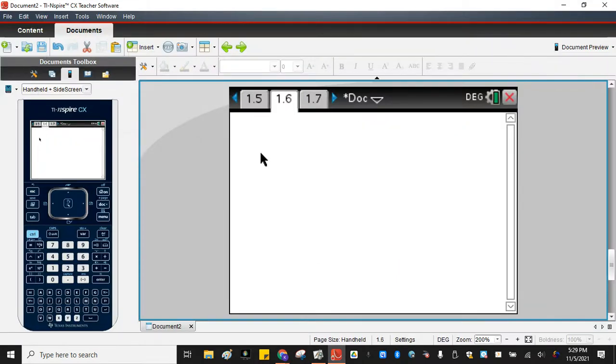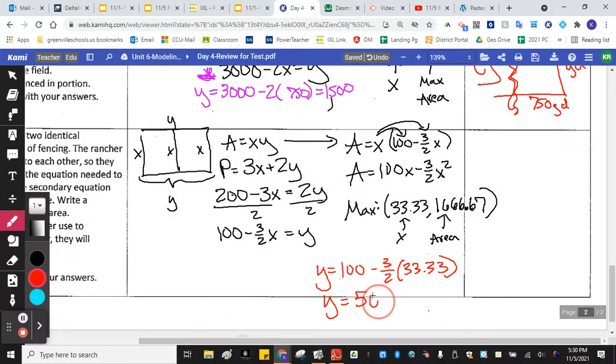So 100 minus 3/2 times 33.33. 50.01, I guess, if I'm rounding to the hundredth places. Okay, so my x was 33.33 feet. My y is 50.01 feet.